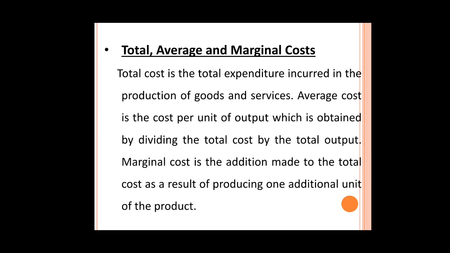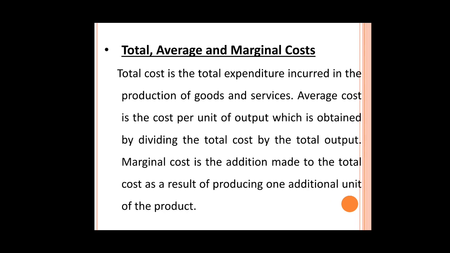Now coming to total, average and marginal costs. Dear students, total cost is the total expenditure incurred in the production of goods and services, or in other words, we can define it as the total outlays of money expenditure, both explicit and implicit, on the resources used to produce a given output.